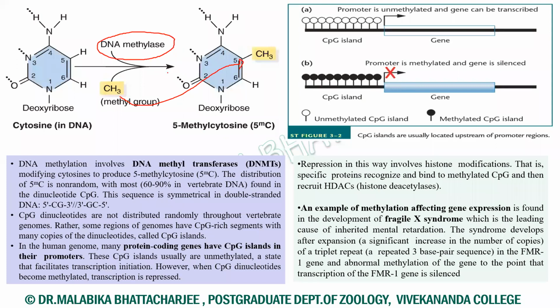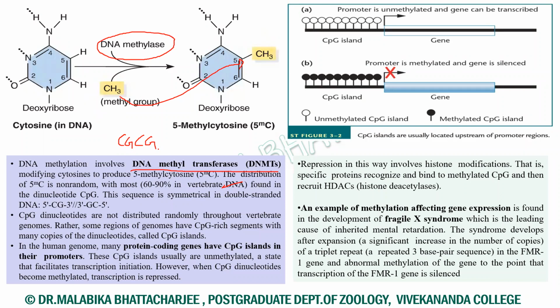The enzyme is DNA methyltransferase, DNMTs. As I said earlier, cytosine is present in the form of CG dinucleotides, and many promoter sequences have these CG dinucleotides, also known as CpG. The CpG-rich segments are known as CpG islands.